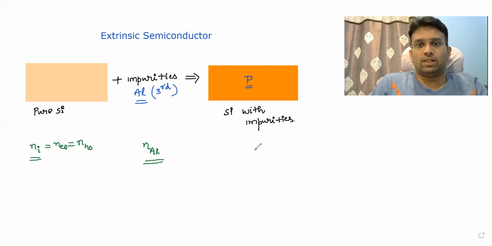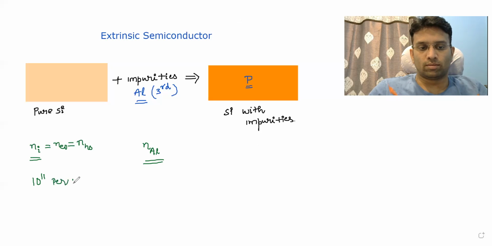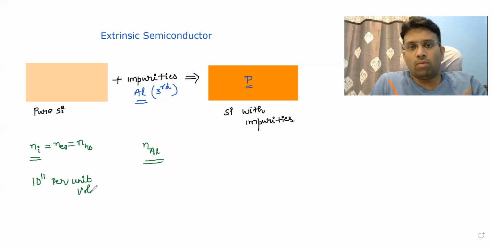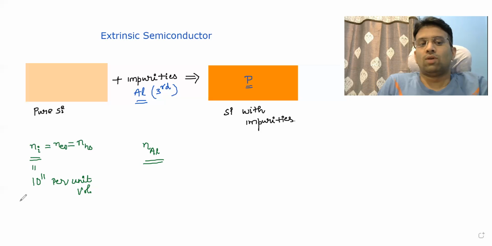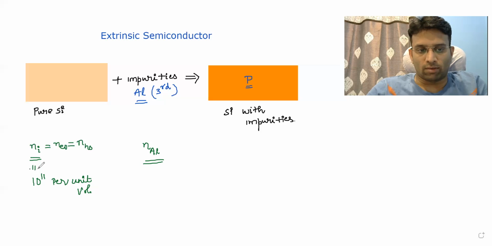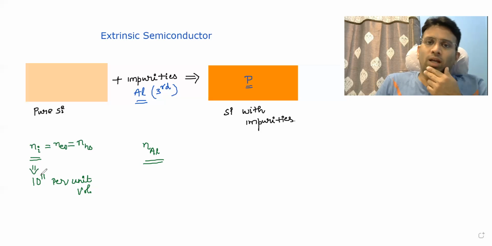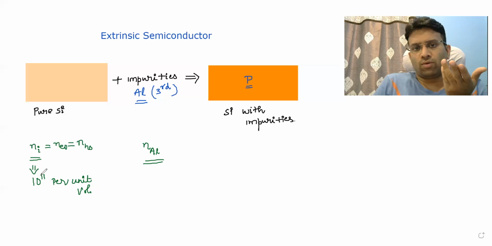As an example, let us consider that the number of intrinsic carriers per unit volume is equal to 10 to the power of 11. And typically there are around 10 to the power of 23 silicon atoms per unit volume.